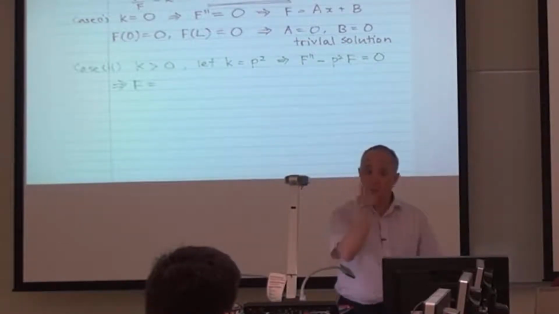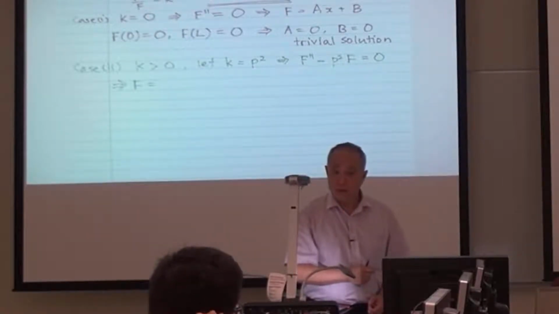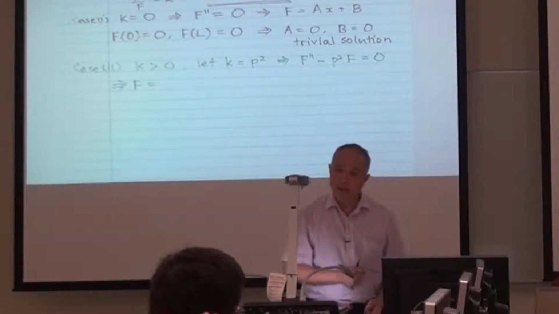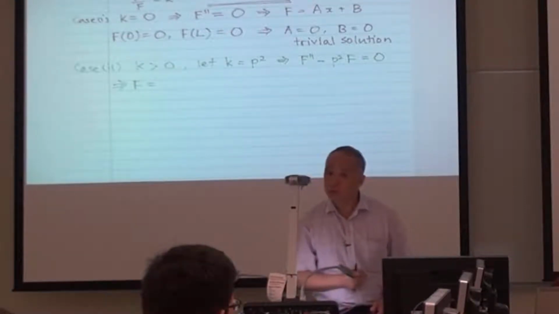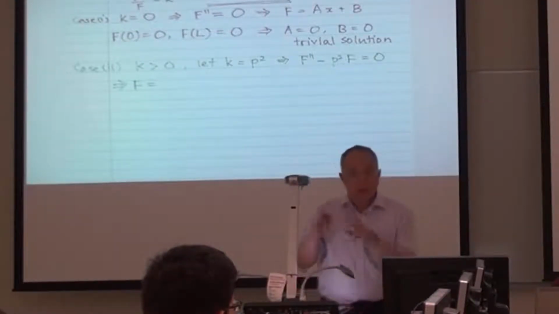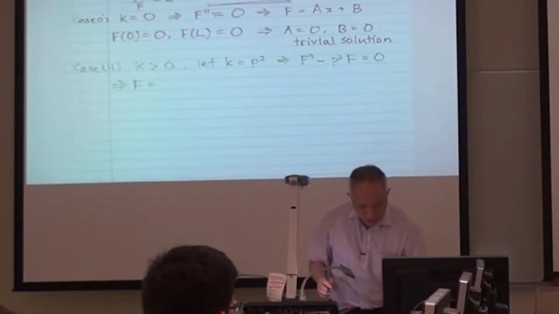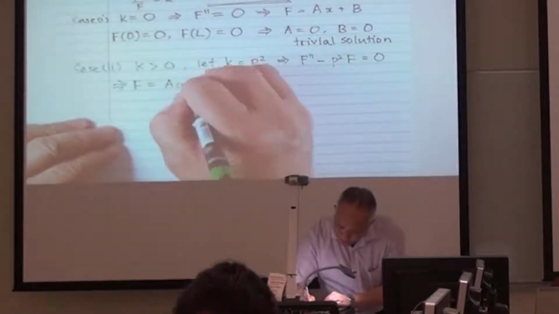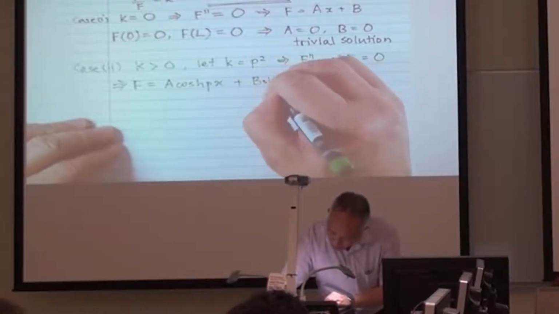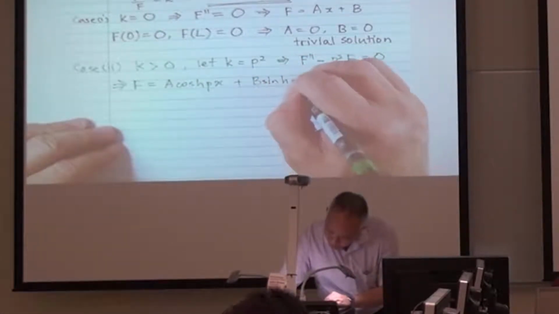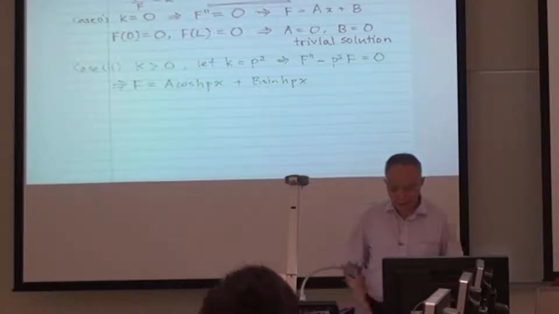It's the same thing, because hyperbolic functions can be defined using exponentials. What is cosh x, for example? e to the x plus e to the negative x over 2. Using that concept, we can write down the solution of this particular equation using hyperbolic functions.